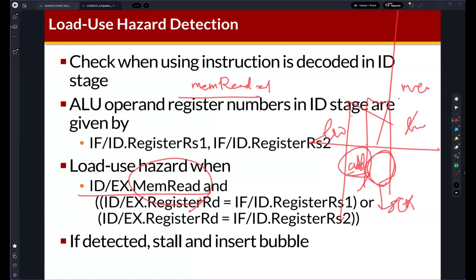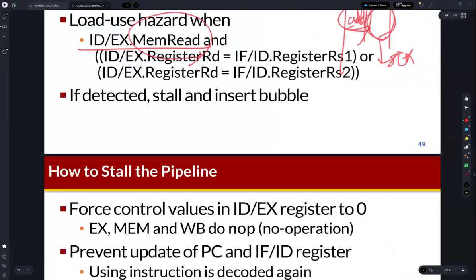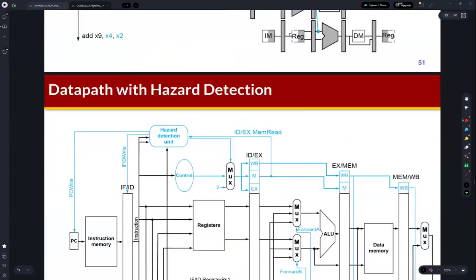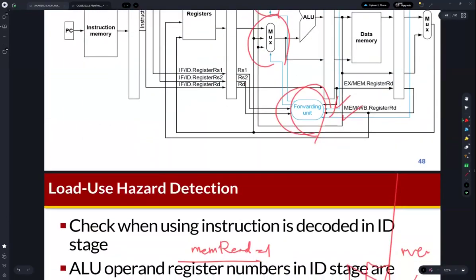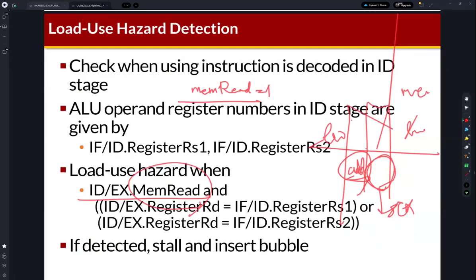Conceptually, in the pipeline stall concept, we learned that when this load use data hazard is detected, one cycle is wasted.